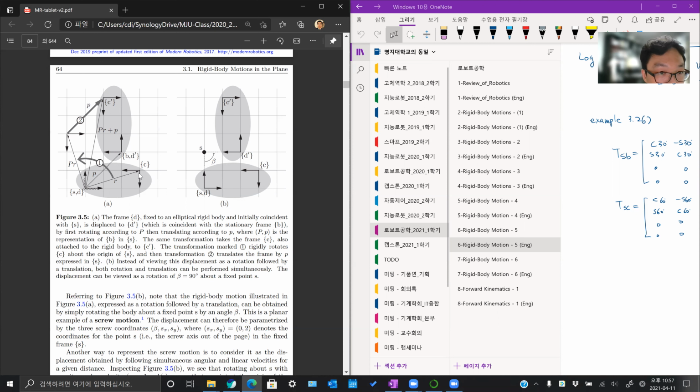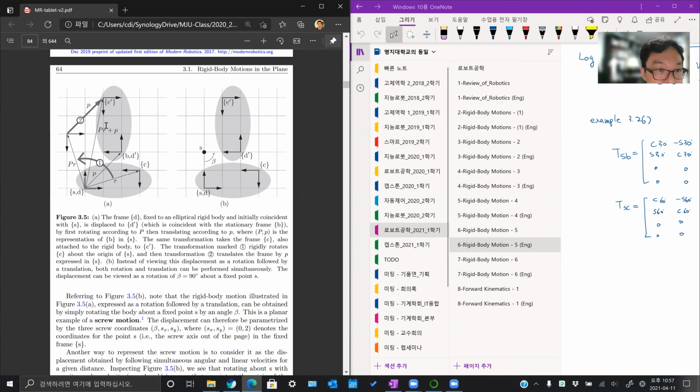And in this example, we represented P. Actually, this P is a rotation matrix. So by using the P matrix, the rotation matrix, the rigid body rotated like this. And then it was transformed using a translation using the p vector. So firstly, rotate like this. So it becomes here, and it translates like this.